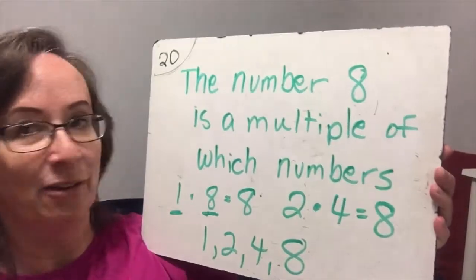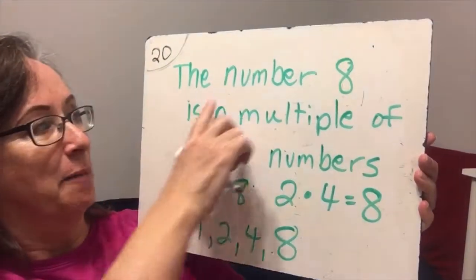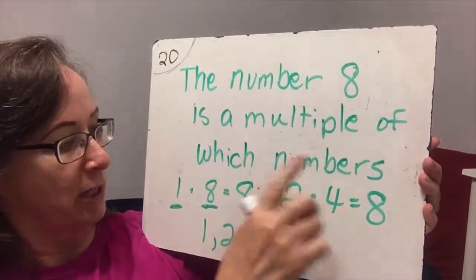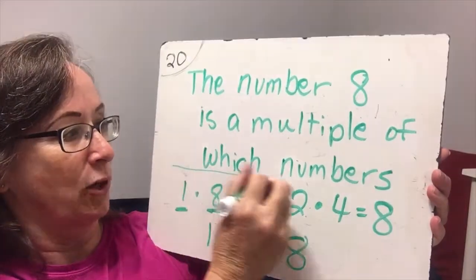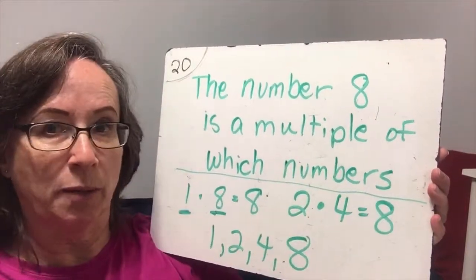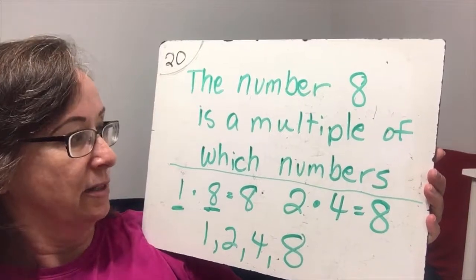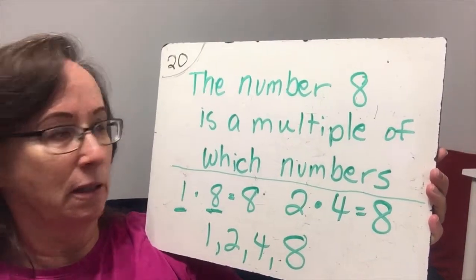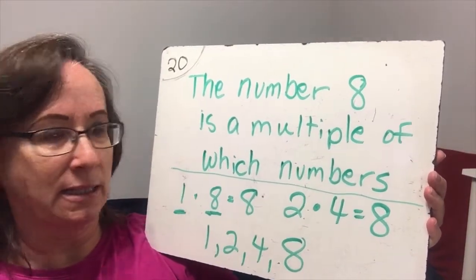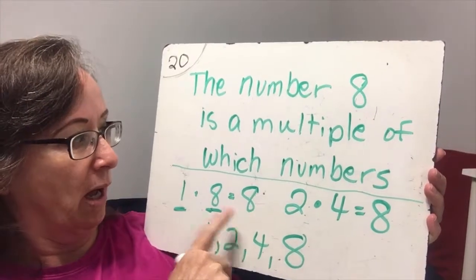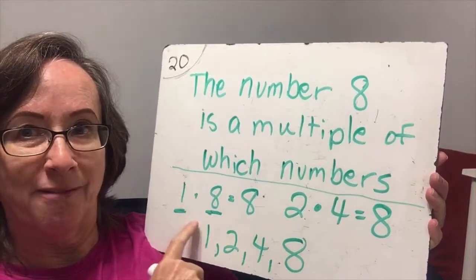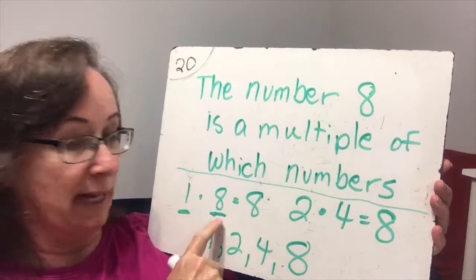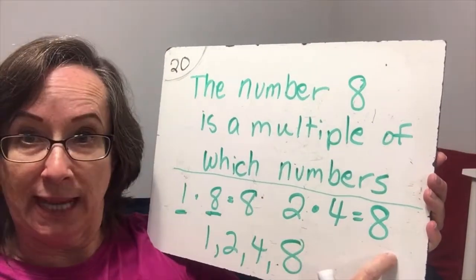And here is our first example. The number 8 is a multiple of which numbers? Okay, so we start thinking what numbers will make up 8. So 8 is the multiple, and it is the product that is going to be made up of factors. So 1 times 8 is 8, and 2 times 4 is 8.